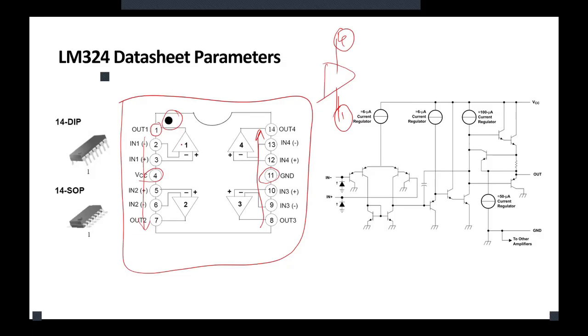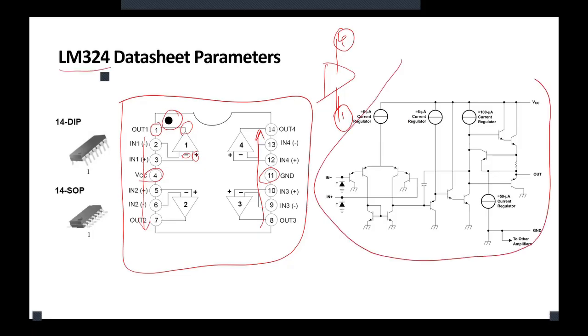Each of the op amps has its own inputs, inverting and non-inverting, and its own output. Using this map, you can realize which pin is the input of which op amp and which pin is the output of which op amp. So this is important. Remember this, have this in hand so you can know how to work with the LM324.